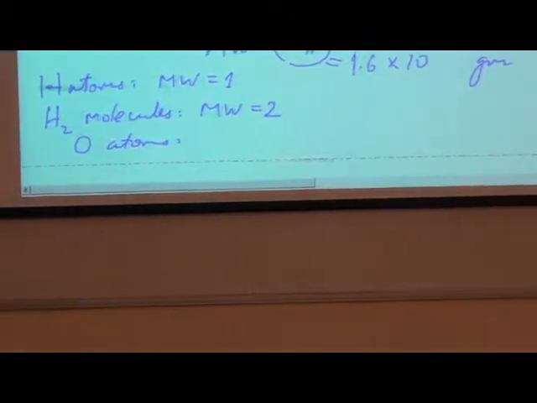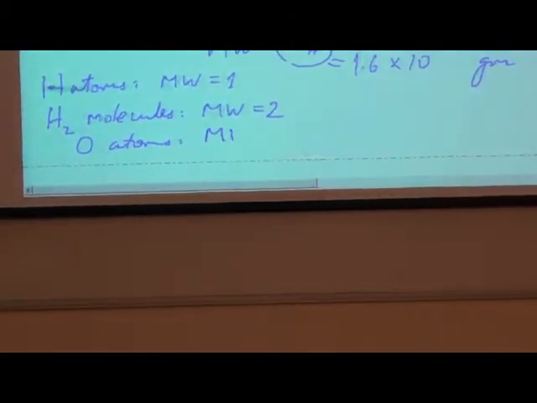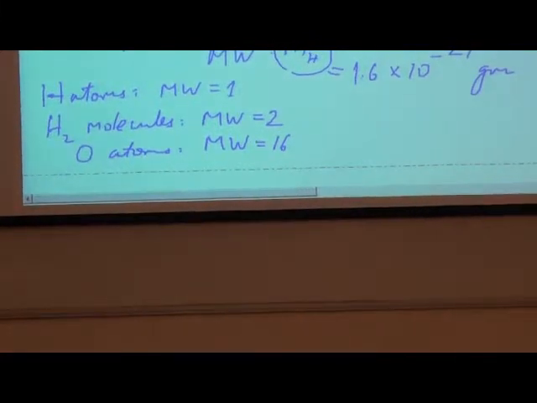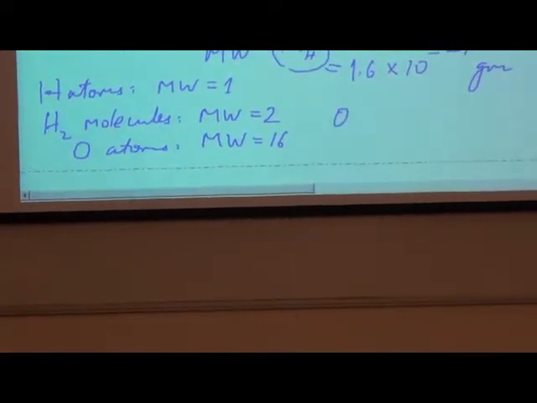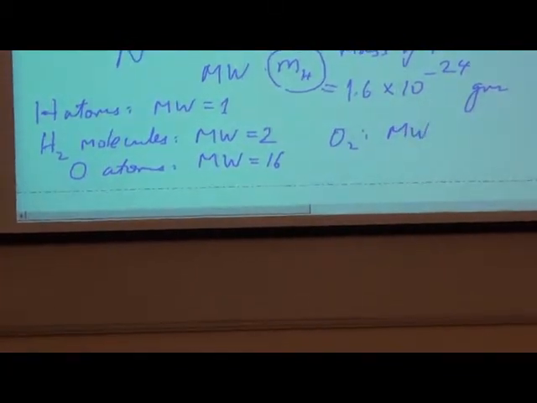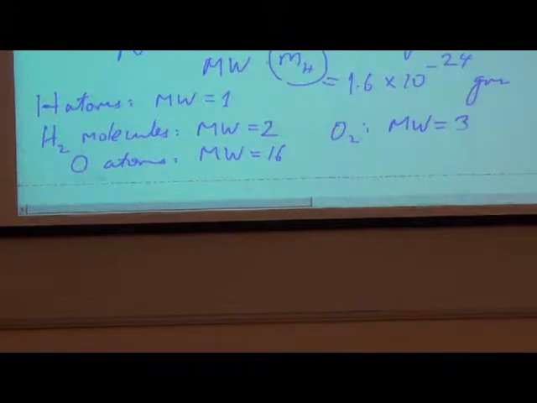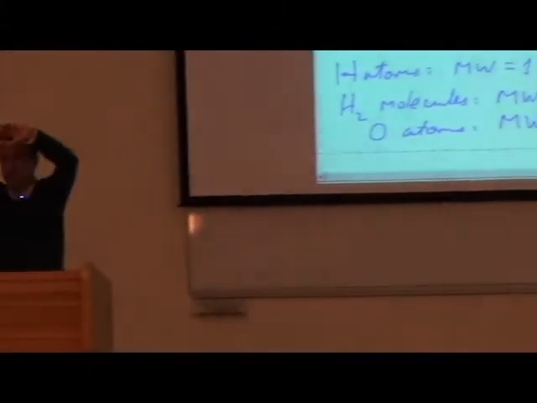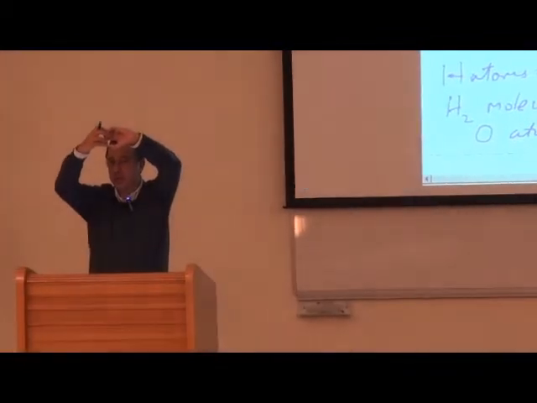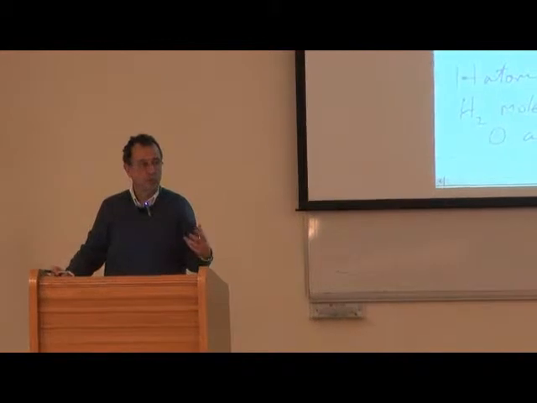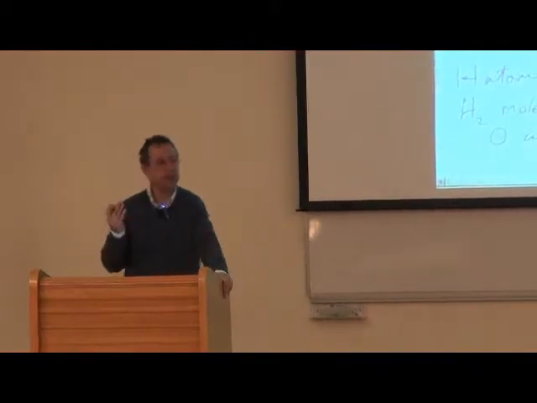So molecular weight is 16. If you have O2 molecules, molecular weight is 32 because each particle contains 2 oxygens and each one contains 16 little units of hydrogen mass. It's a very simple idea.